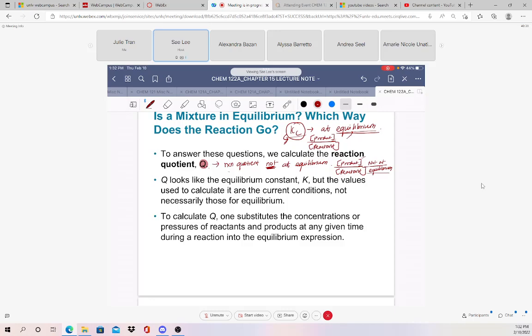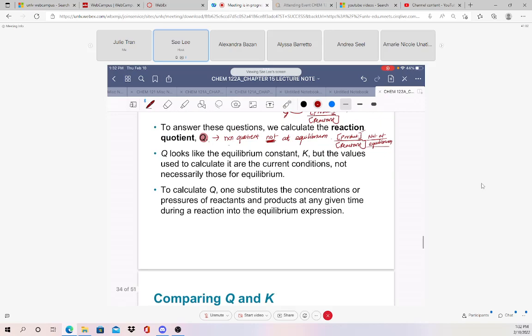The reaction quotient Q measures the relative amount of products and reactants during a reaction at a particular point of time other than equilibrium. This reaction quotient Q helps us figure out which direction a reaction is likely to proceed towards equilibrium.